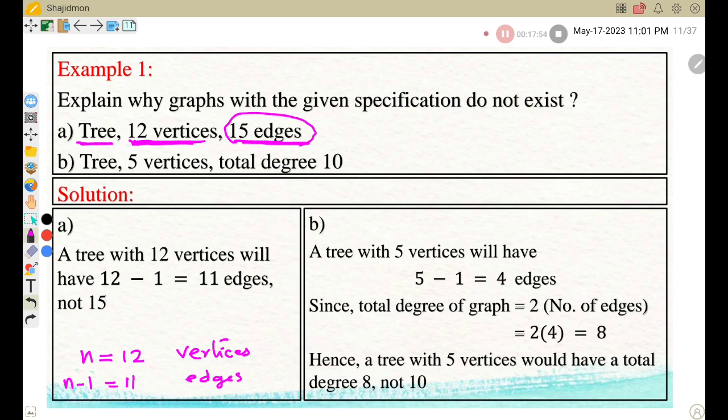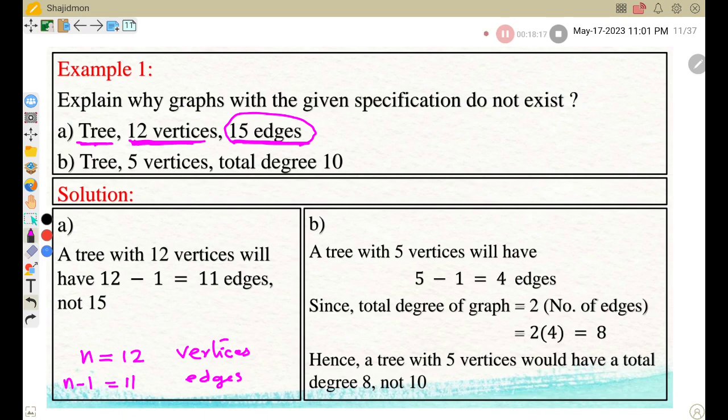It is not possible, correct? It should be 11 edges. So we cannot draw a tree like that; that specification does not exist. A tree with 12 vertices will have only 11 edges, not 15.